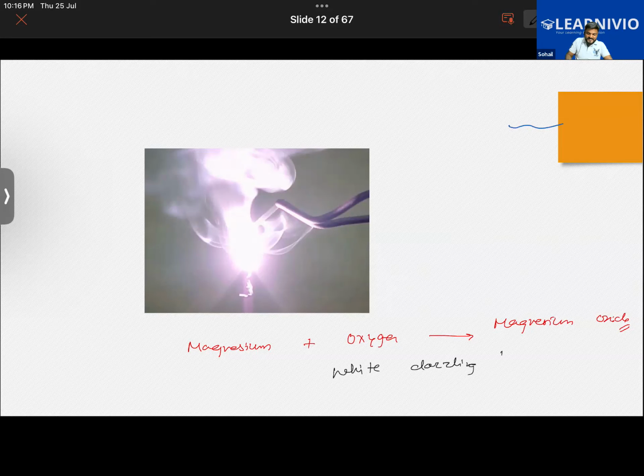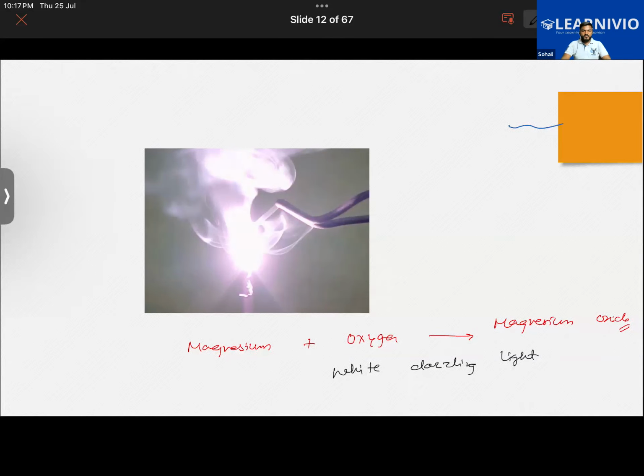So it is a very intense reaction which gives an intense amount of heat and a bright, dazzling light. Hope you are understanding this. So that is one thing about it.